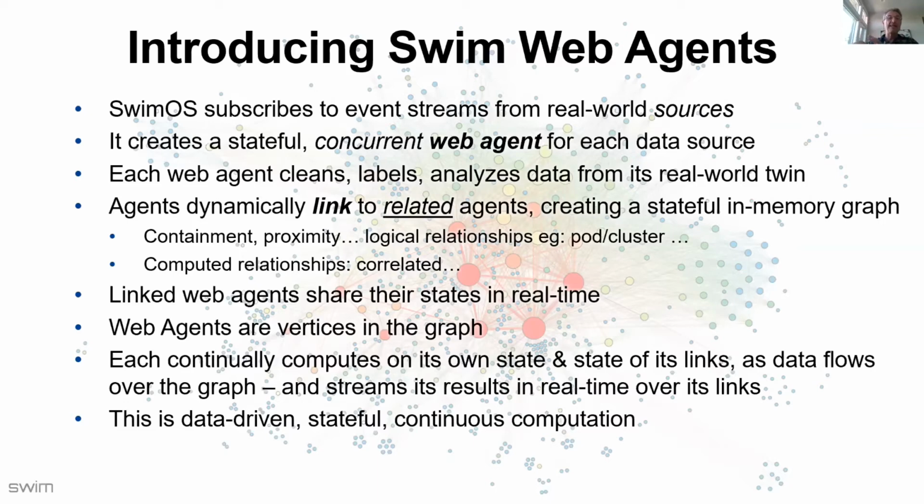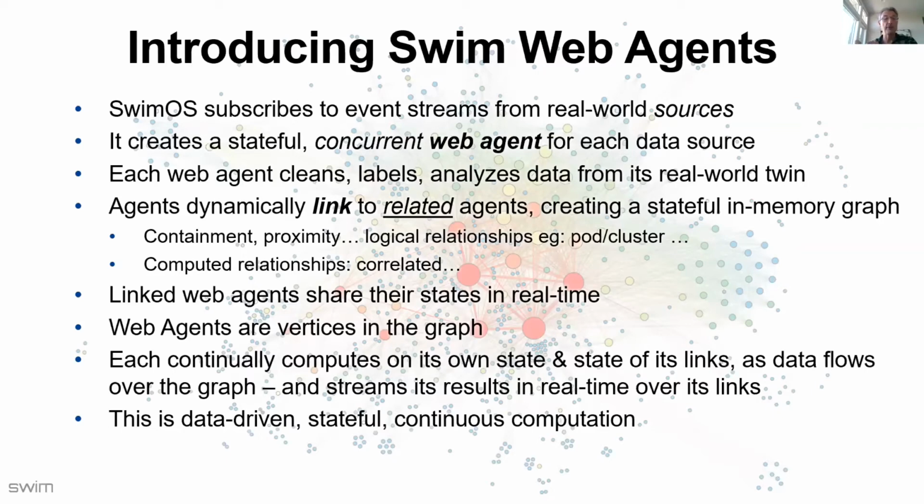Agents dynamically link to related agents. Just like if I link to you on LinkedIn, I get to see your updates. If one web agent links to another, it gets to see in memory, in real time, state changes on the part of that agent. So the links and the relationships are dynamically computed.